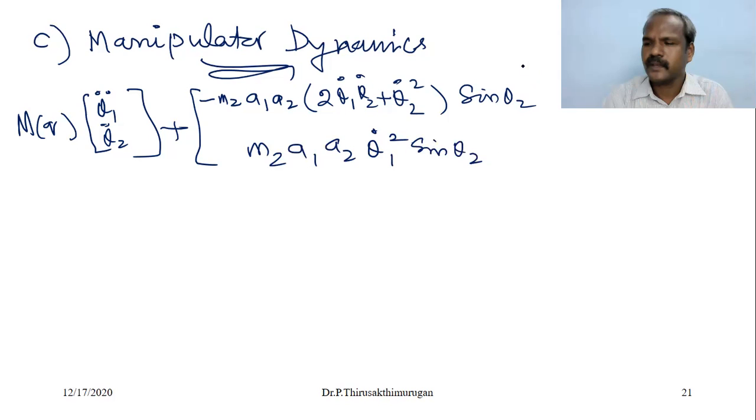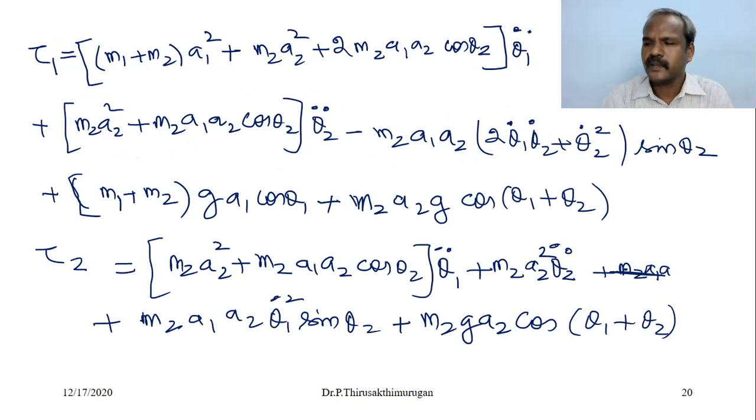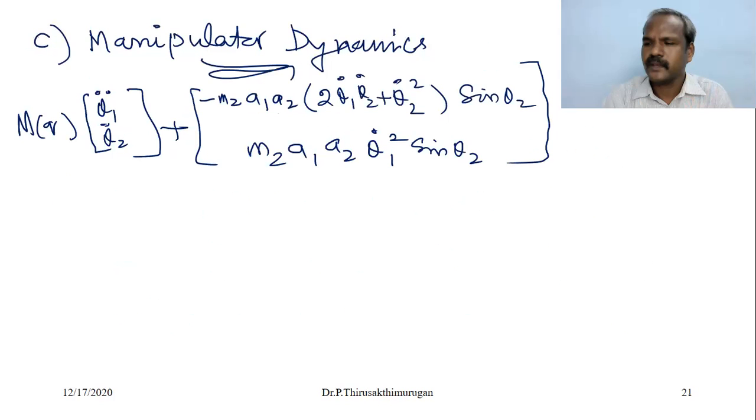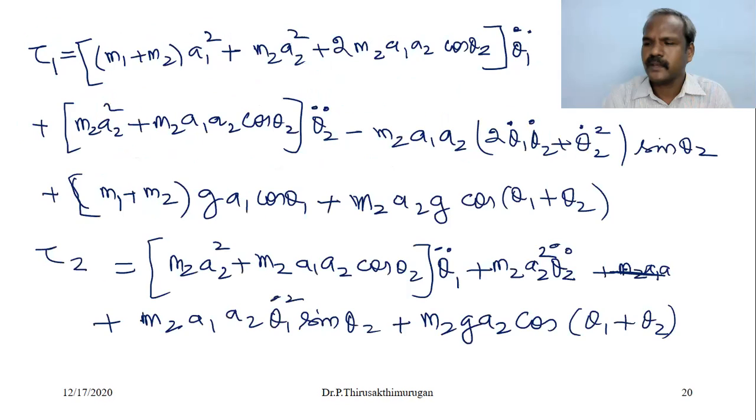We just rewrite it in a convenient form from these relations. So these relations we separate like this. Okay, so plus m1 plus m2 g a1 cos theta 1.